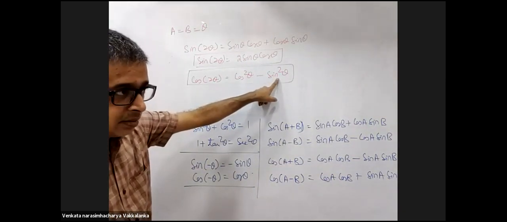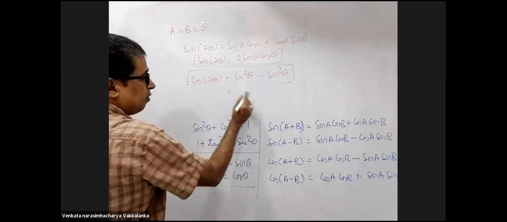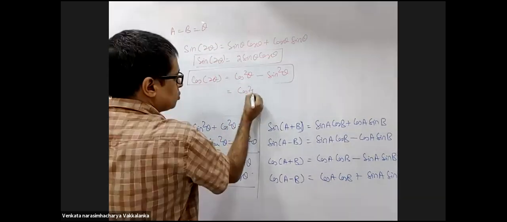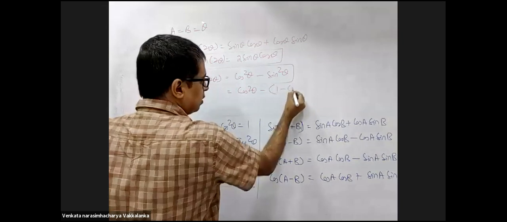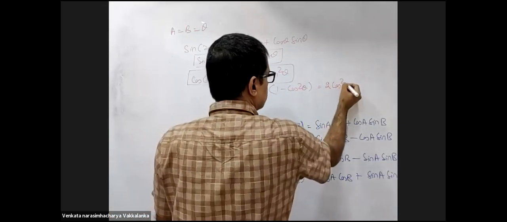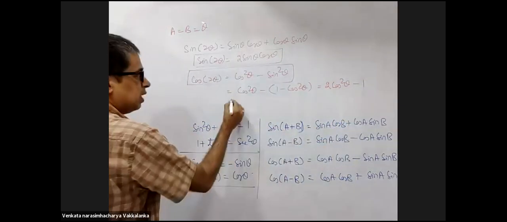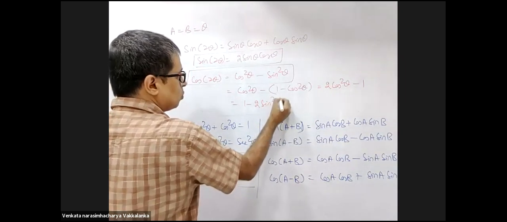Now this can be written in another form. Cos square theta minus sin square theta is cos square theta minus (1 minus cos square theta). This becomes 2 cos square theta minus 1, or 1 minus 2 sin square theta.